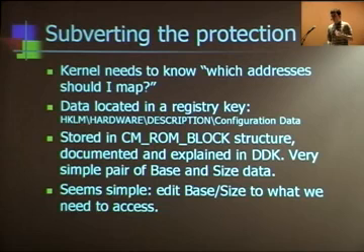The kernel needs to know which addresses it should map, because every PC BIOS has a slightly different range of addresses where it could be located. So the kernel actually needs to read a registry key, and this registry key contains data for every BIOS ROM in the computer. It's a very simple structure that has the base address and the size of the memory range.